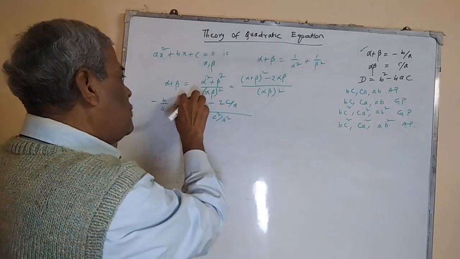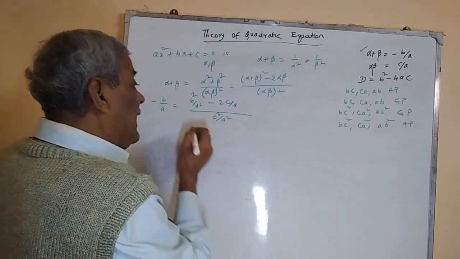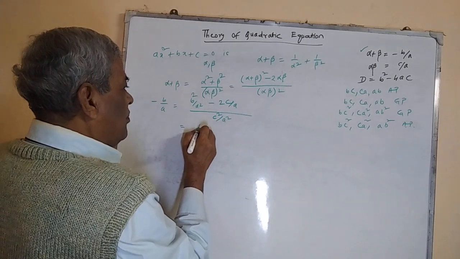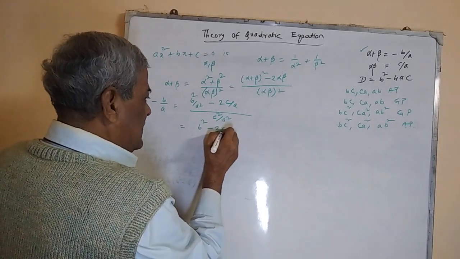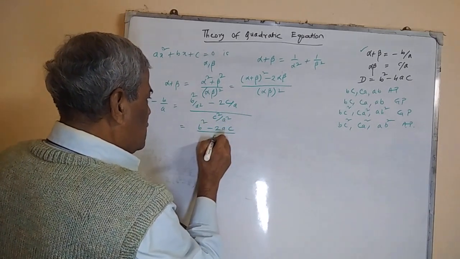Now multiply numerator and denominator by a². So it becomes (b² − 2ac)/c².